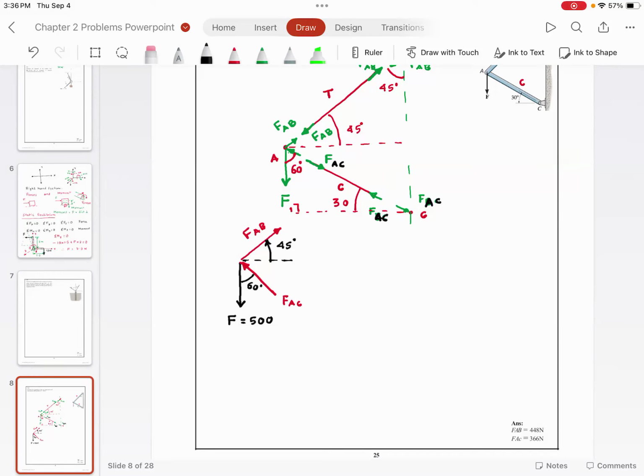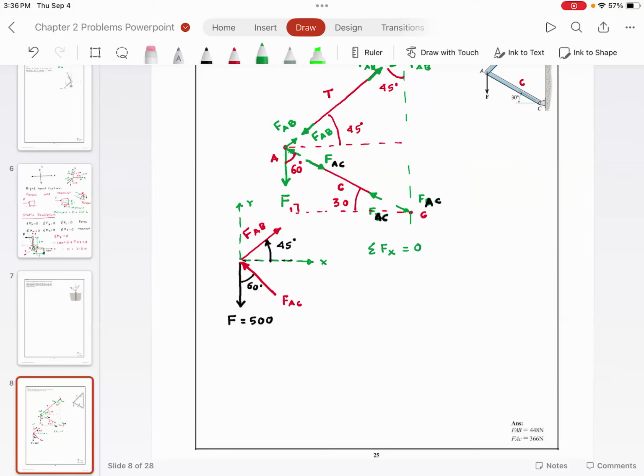So whenever you solve a problem, first show the coordinate system. I'm going to set up the coordinate system right here. This is going to be my positive x. This is going to be my positive y. You agree with me? I'm going to write down the summation of forces in the x direction is equal to 0.